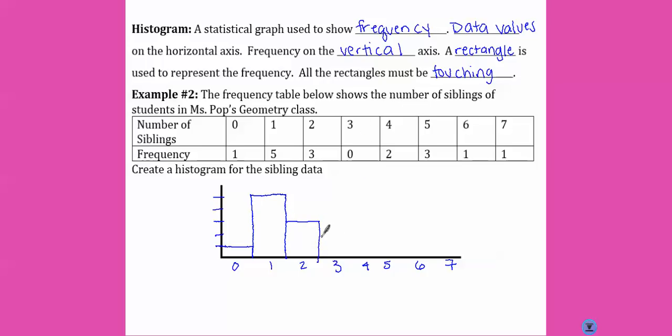No one had 3 siblings, so that'll stay blank in the middle. 2 people had 4 siblings. 3 people had 5 siblings. 1 person had 6, and 1 person had 7. So those should be the same height. So that's what a histogram looks like.